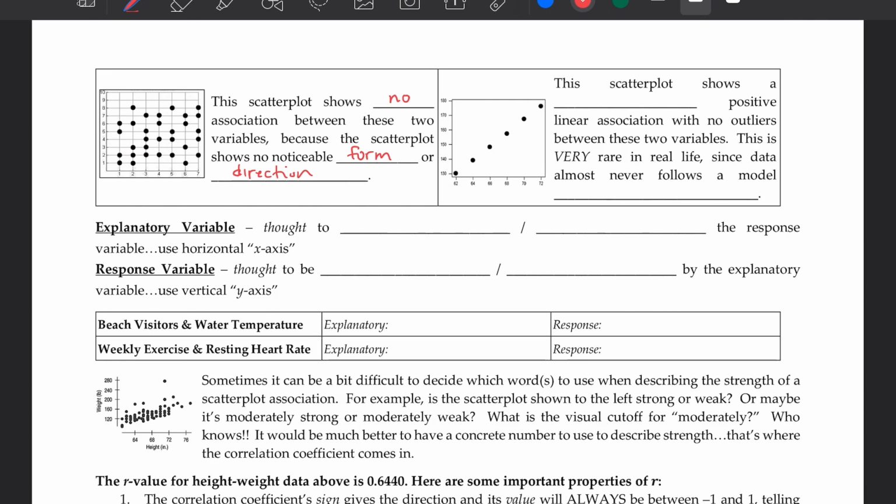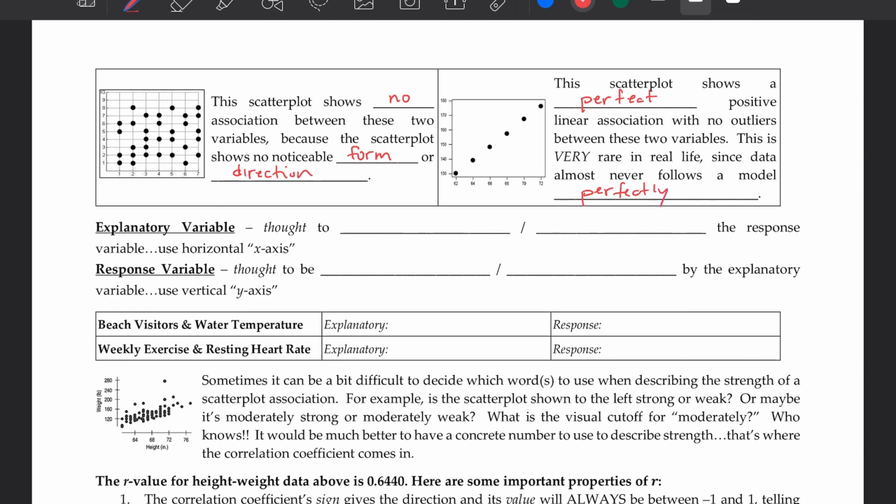On the other hand, on the complete other end of things, this is a scatter plot here that is showing us a perfect positive linear association, okay? This almost never happens in real life. It is never really the case that you're going to have a model that follows the data perfectly.